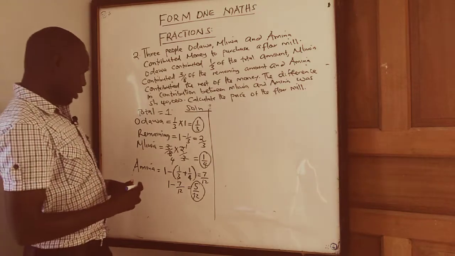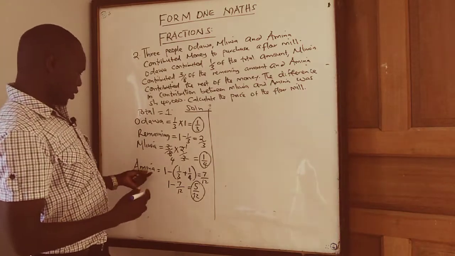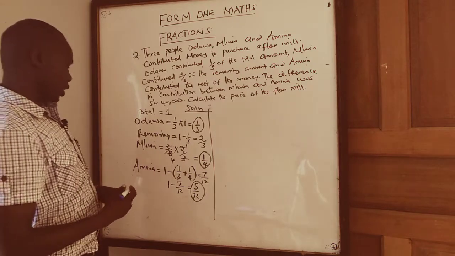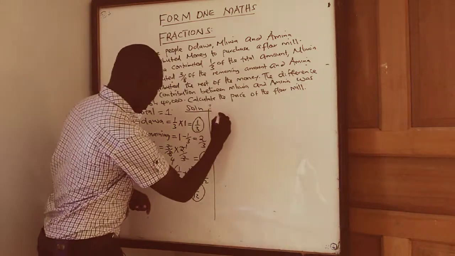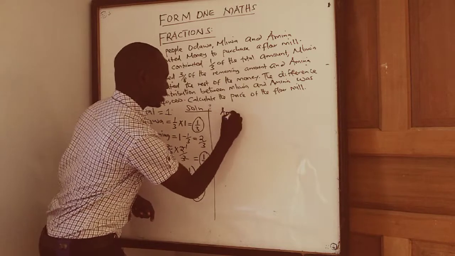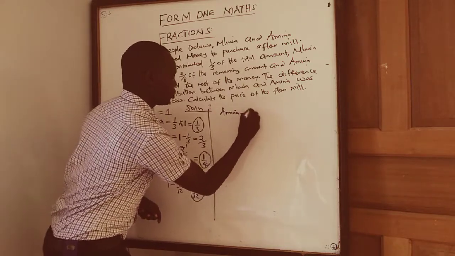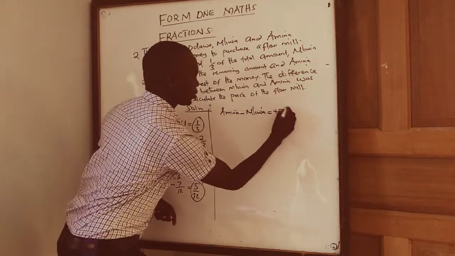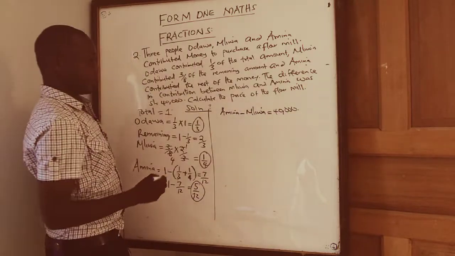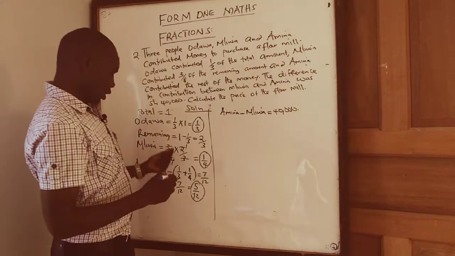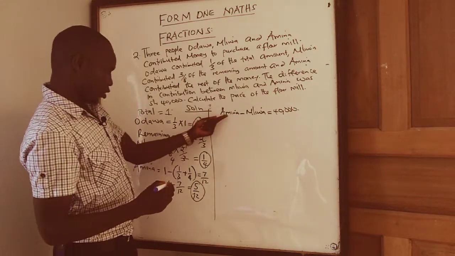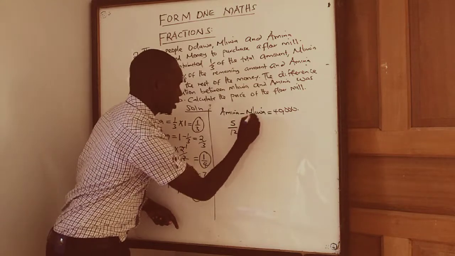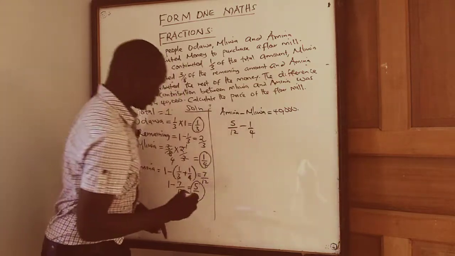But we are told the difference between the contribution of Amina and Mliwa is 40,000. That means if you take Amina's contribution minus what Mliwa contributed, this will give us a total of 40,000. From here, we know the contribution of Amina is 5/12 minus Mliwa, which is a quarter.